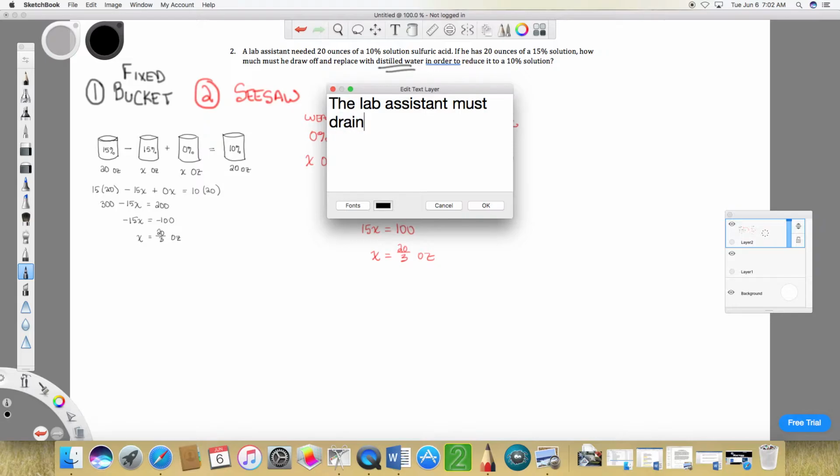I always say drain. 20/3 of an ounce of the 15% solution. Now my writing skills are not the best, so you may be able to write a better sentence.